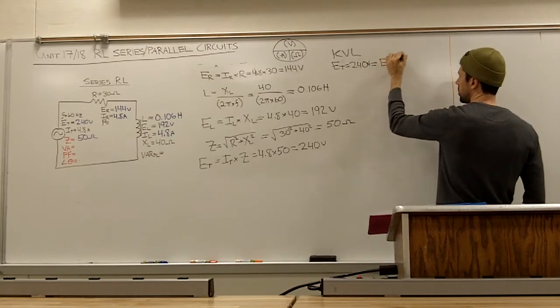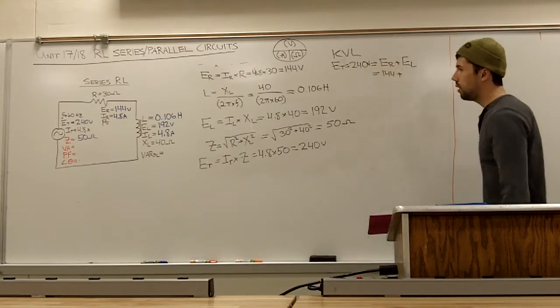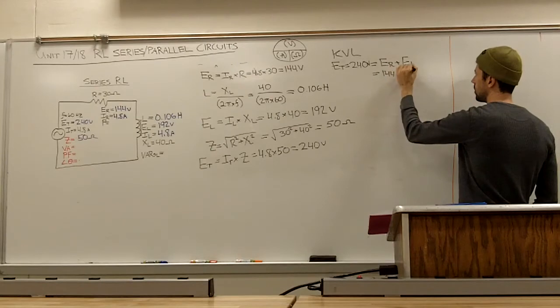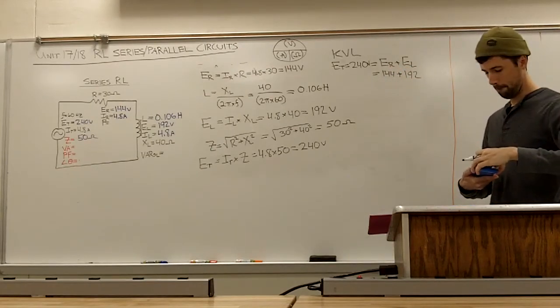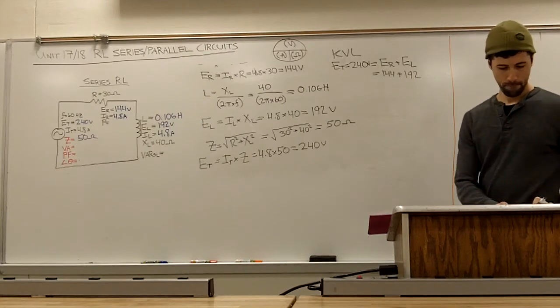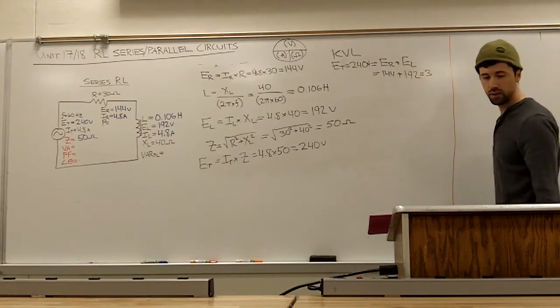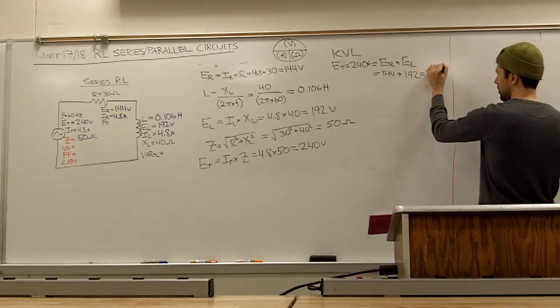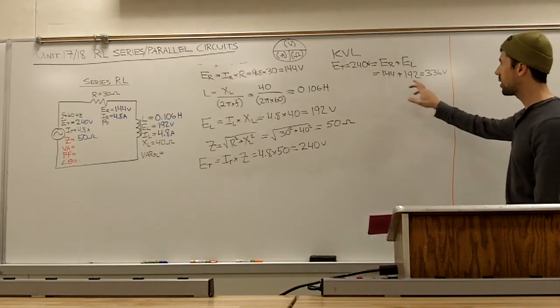So ER plus EL? Well, ER is 144, EL is 192. What does that give us? That gives us a voltage of 336 volts. So something seems wrong right here, right?